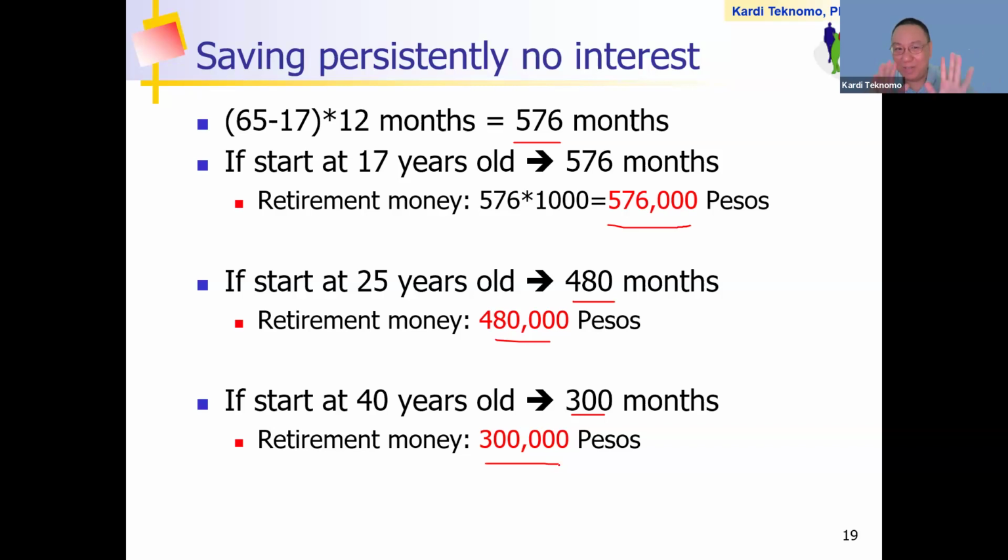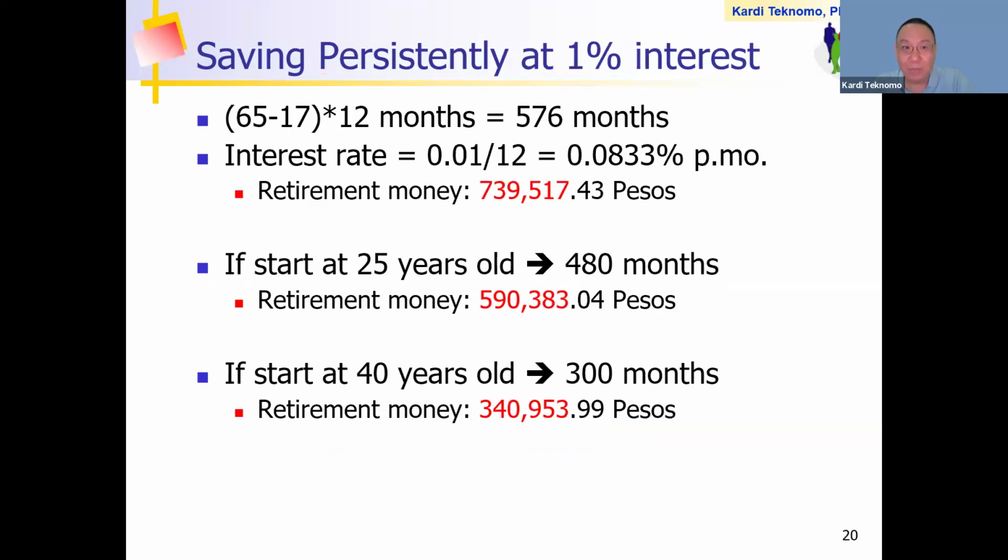So up to here is okay, right? Now when you have your interest at 1%, the interest rate is 0.01, then you divide by 12, because this is supposed to be per annum.